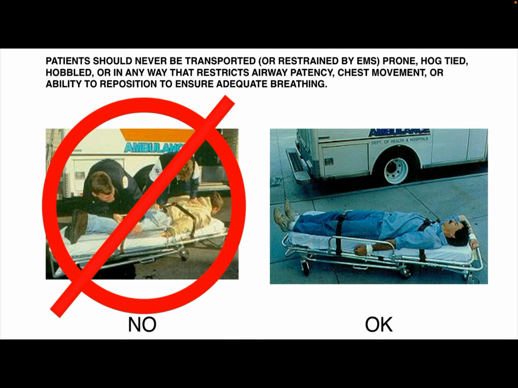I don't think I've ever seen it, but there are places out there that have done it. It's come back and been some pretty big legal issues, and you don't want to open yourself up to a lawsuit. So if you have patients that you have to restrain a little bit, or are agitated, just make sure you're transporting them not in the prone position, preferably semi-Fowlers or supine.